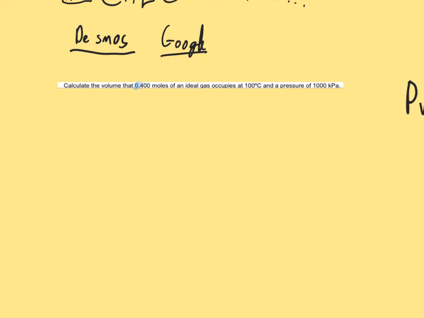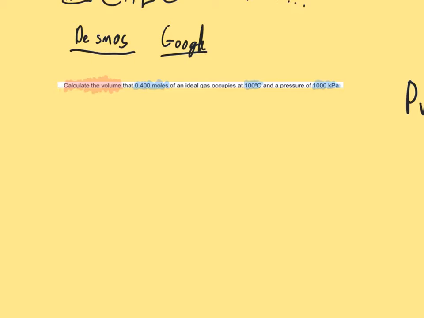In this case, we have 0.4 moles, 100 degrees centigrade and a pressure of 1,000 kilopascals. Once you have that, you look for what we're calculating, which in our case is the volume.